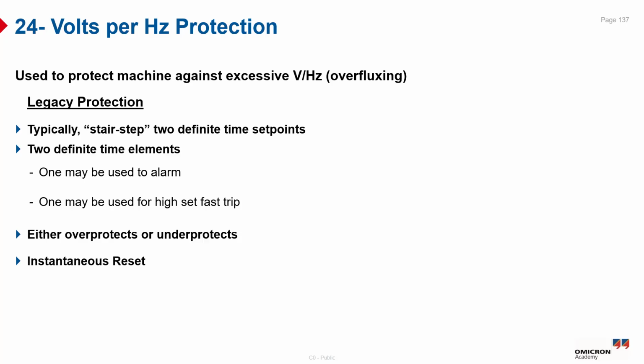The instantaneous reset feature also ensures that the relay returns immediately once the condition normalizes. Flux density is also a very effective indicator of no-load heating, and manufacturers usually provide a curve showing the permissible V over F operating limits for their components, often in inverse time characteristic format. This curve guides the setting of the overexcitation protection to ensure safe and reliable operation.